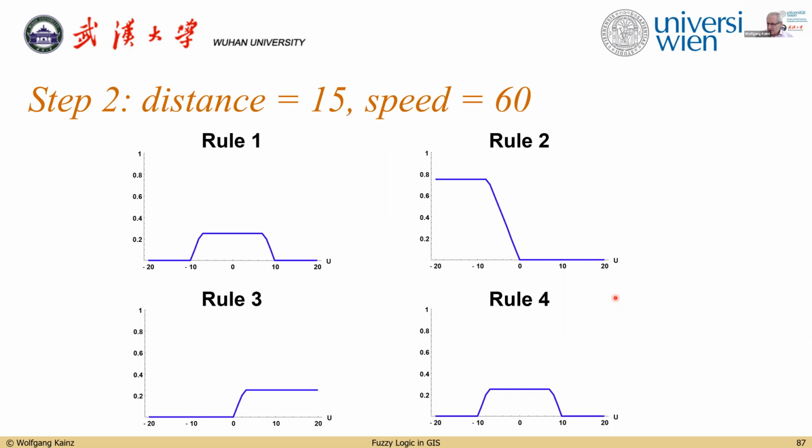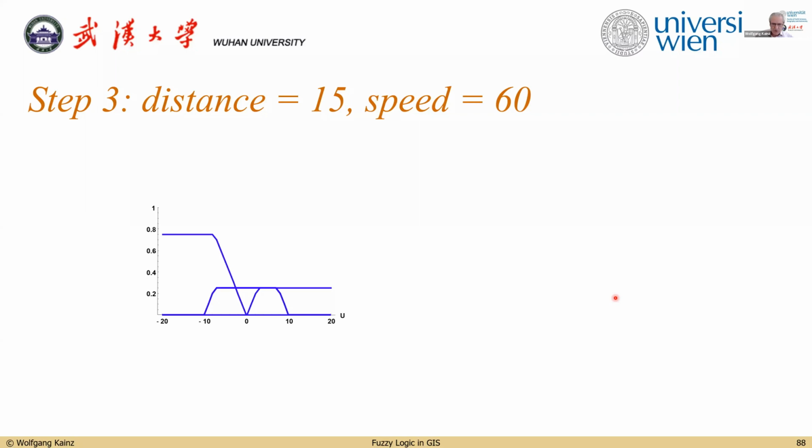And then step number 3 says, now take all these conclusion membership functions and compute the union of all these. So we put them together and compute the union, which looks like this. So you see here, this is now a fuzzy set.